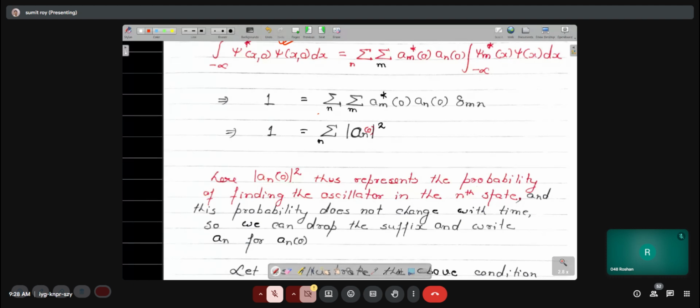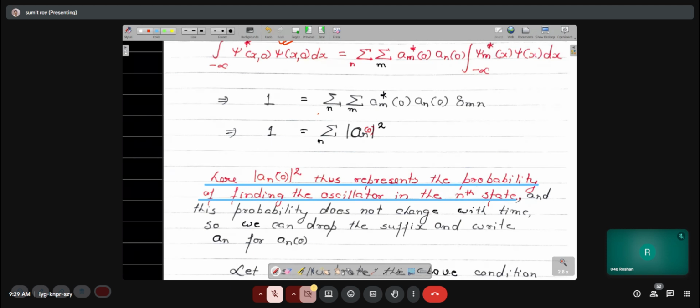Now, here starts the interpretation. What is that? Here a_n(0) mod square represents the probability of finding the oscillator in the nth state. This is important statement. It involves physics. इसी बात को समझना है. So this term represents the probability.